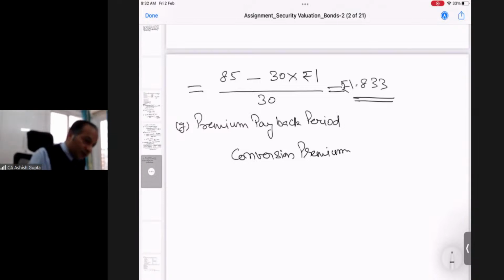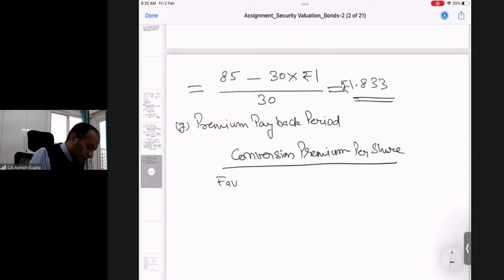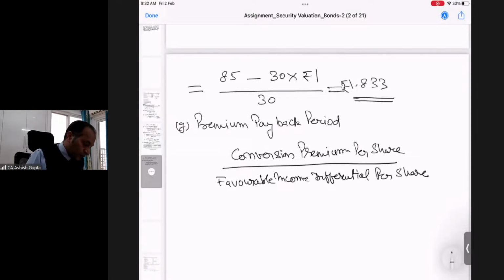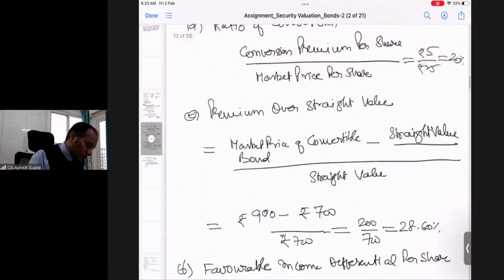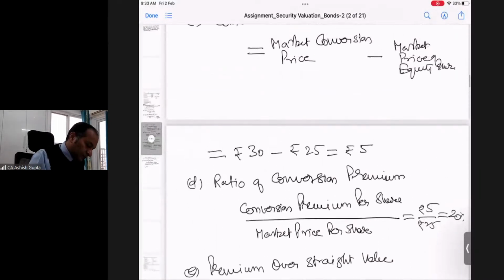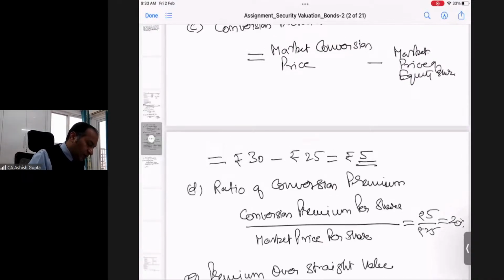So conversion premium per share divided by favorable income differential. My conversion premium is rupees 5 as I have computed above.